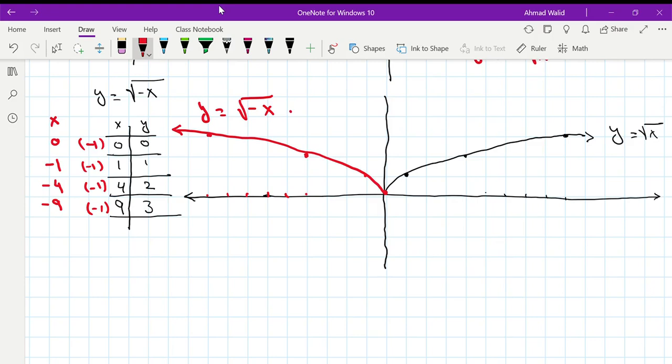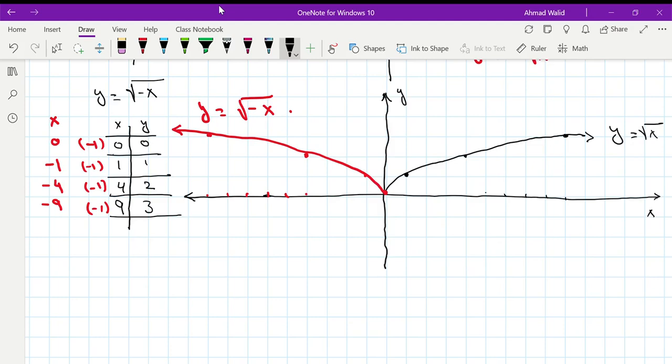Two things. When you do reflection about x, use your table to graph the original or parent function, then use your table and multiply the y column with -1.